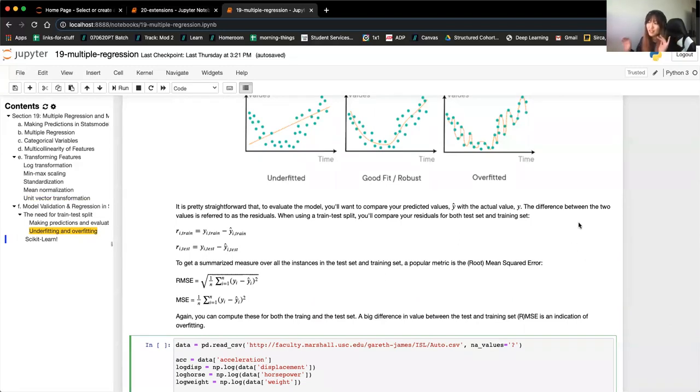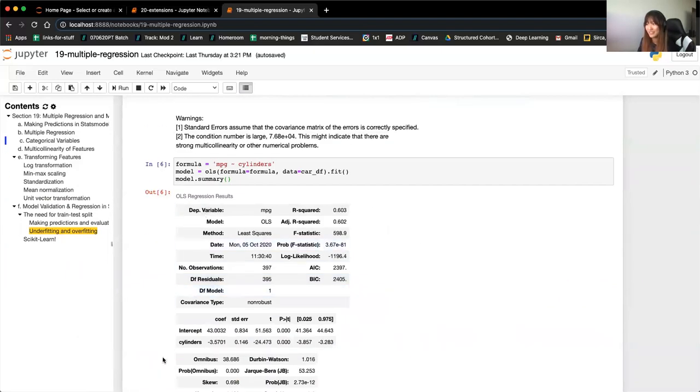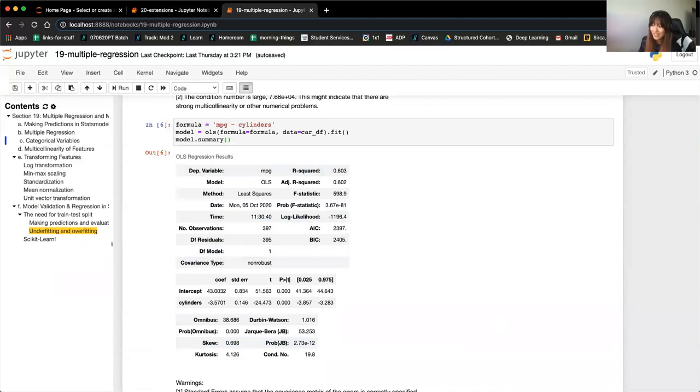For this project, you'll be using a combination of both, because scikit-learn does not have this very nice output. That's one downside. But on the other hand, statsmodels doesn't have as good outputs for validating your model. So there are pros and cons of both. And I'm going to outline on Thursday when to use which.